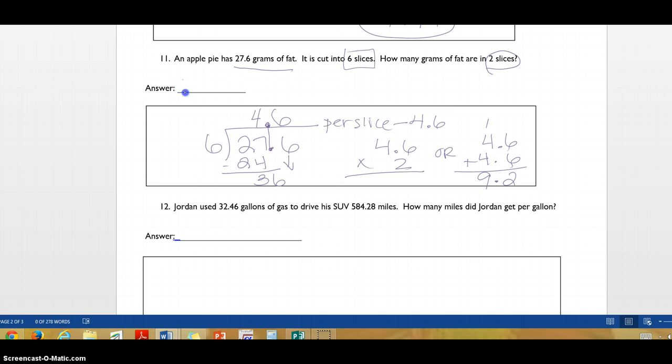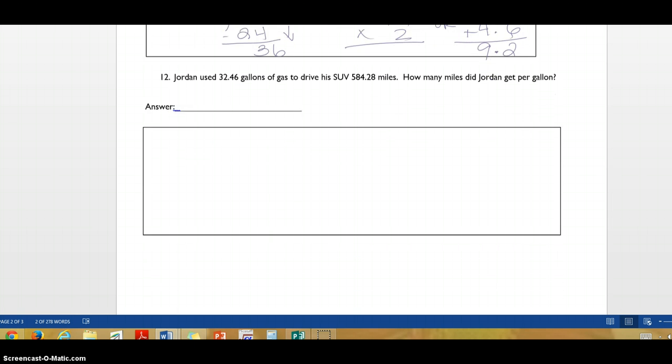So there is 9.2 grams of fat in 2 slices. Again, we're making sure we use the context of the problem and making it a complete sentence as we're writing that on there.